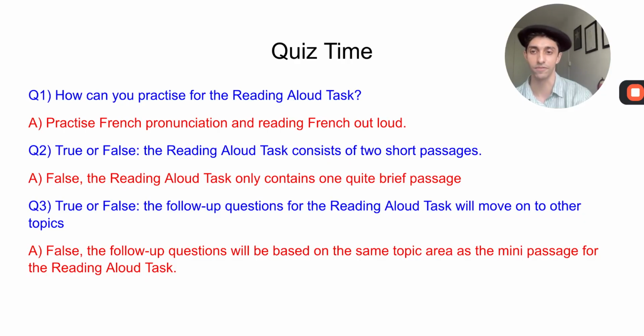So that's to be expected. If your reading aloud task is about food, for example, the follow-up questions would also be on food. If your reading aloud task is about the environment, then the follow-up questions are also going to be about the environment. So you may not be able to predict the exact questions, but you may be able to think ahead in your preparation time and get some idea of what you could encounter as follow-up questions.